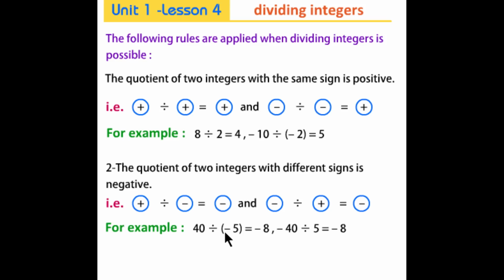Positive divided by negative equals negative. 40 divided by 5 equals 8, then equals negative 8. Negative 40 divided by 5. At first, divide the signs. Negative divided by positive equals negative. 40 divided by 5 equals 8.